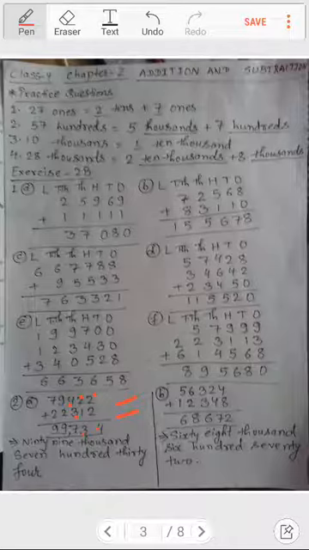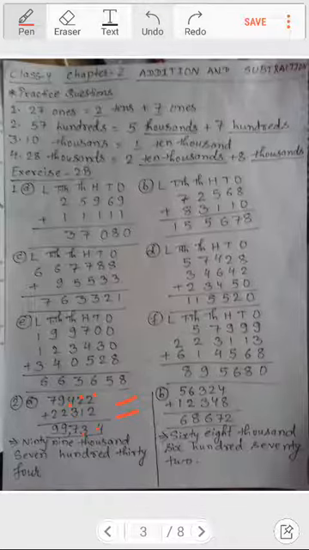Then 9 and 2 is 11, it should become 11, and here it has been written 9. 9 and 2 should become 11, and here it is 9. So students, what you will do, you will write here how much, 9 and 2, sorry, how much you will be writing.